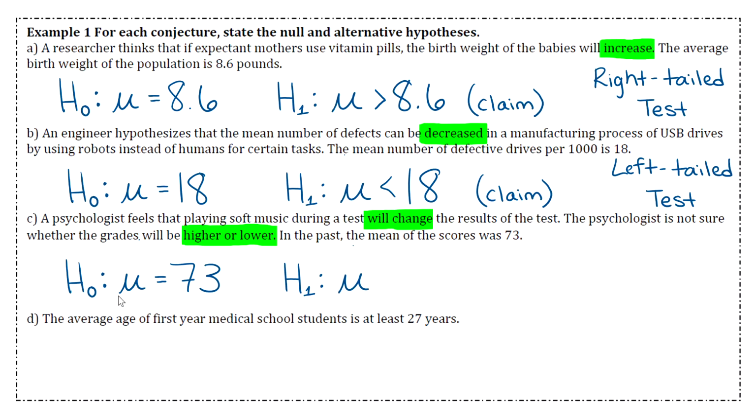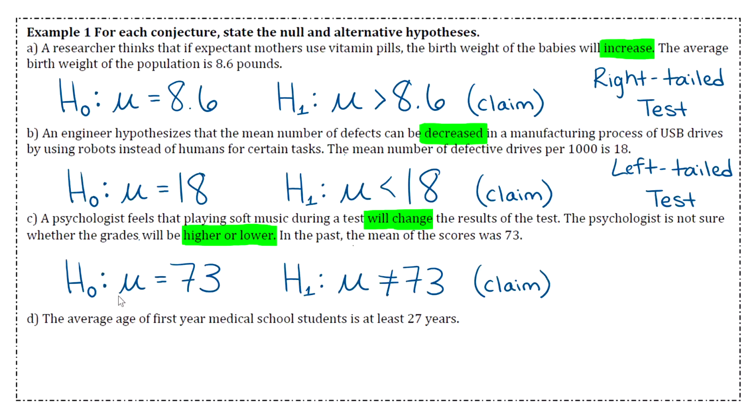So in this case, I'm just going to use a not equal to sign and then put the 73 in the alternative hypothesis. Since it's not clear whether they think the test scores are going to go up or down, we're just going to use a not equal to sign. If it ever just says they think there's going to be some sort of difference and it's not clear which direction, then you just put a not equal to sign.